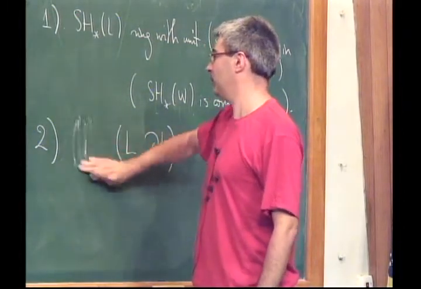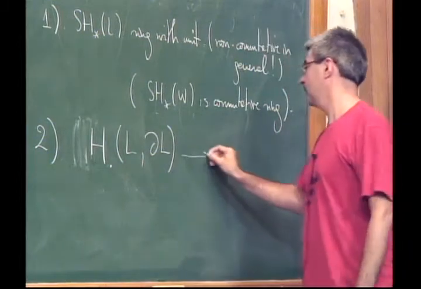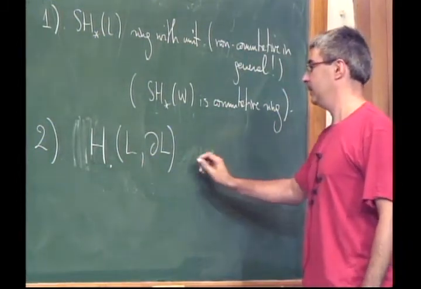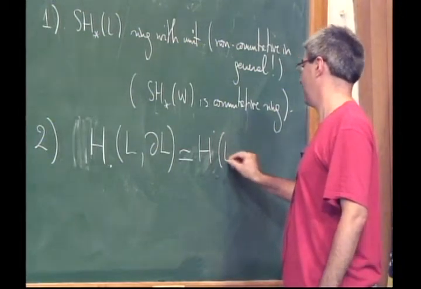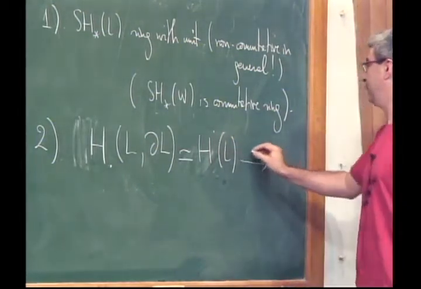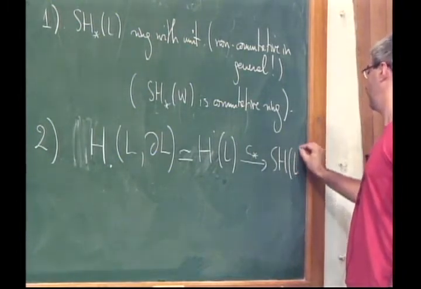I'll just write this: homology, like this, is the same as cohomology in complementary degree, and there's this map to wrapped Floer homology.